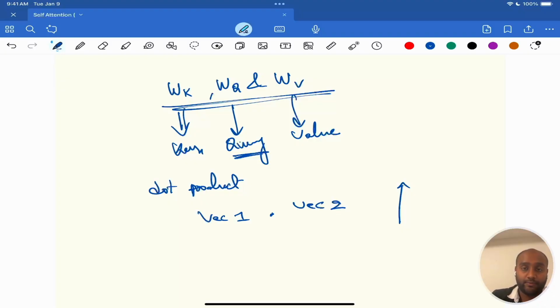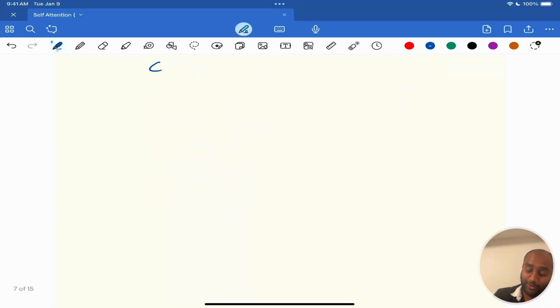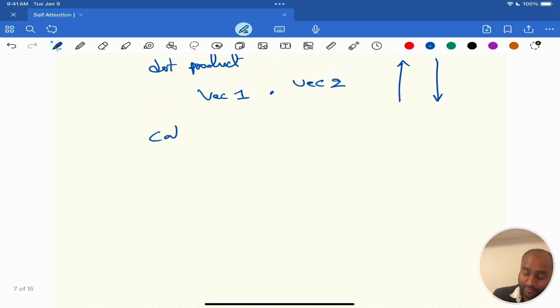Similarly, when there is a very low value, we say the vectors are not quite similar and they are in different directions. Now you might ask, in order to measure this, let's just take a simple sentence, since the previous sentence is too long.